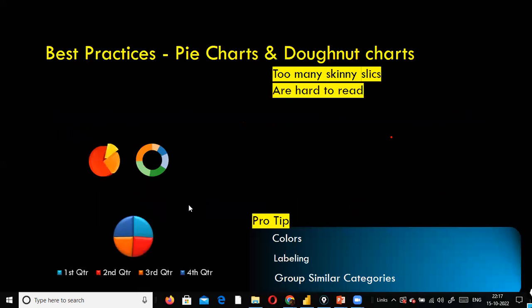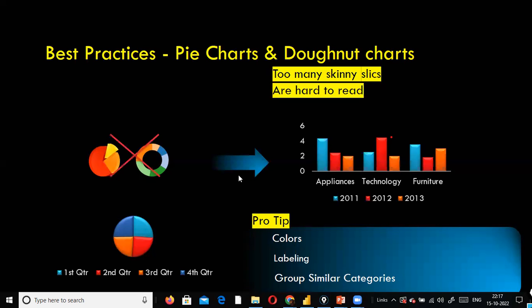And colors, what kind of colors you can choose here. You can use bright colors to make your most important values stand out. For the rest of the values, you can use shades of one color.